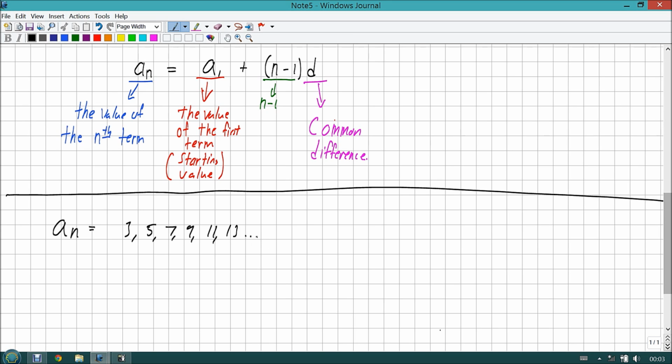Now, if we're looking at this sequence, we need to find out what the general term is, or in other words, which term are we looking at when we go to, say, the 10th or the 20th place. We want to find out what that value is. To do that, we first have to find out what our a sub 1 is. Our a sub 1 is always our first term. So our first term, being 3, just gets pulled down, and we have 3.